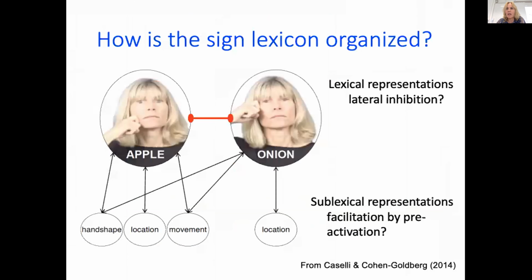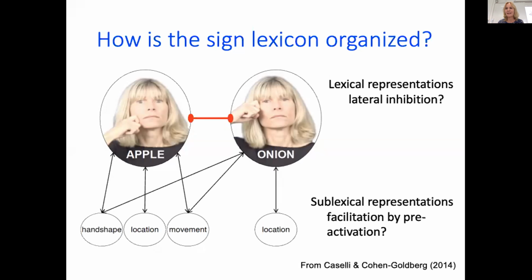So let me move to the next experiment, where we're trying to understand the organization of the sign language lexicon. I have a model here that was sketched by Naomi Caselli and Ari Cohen-Goldberg a while ago that shows a possible architecture where we have sublexical representations of the phonological units of sign, so handshape, location, movement, and then a level of lexical representations.